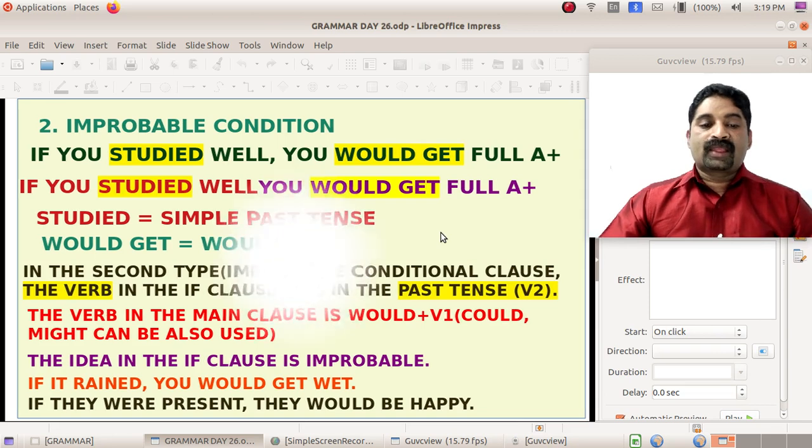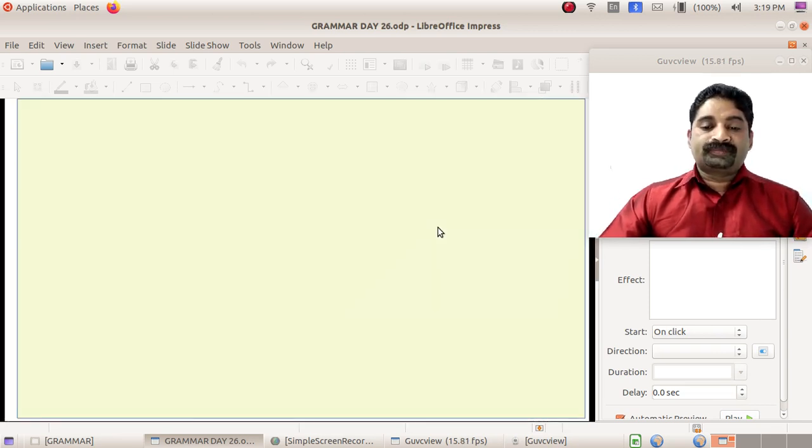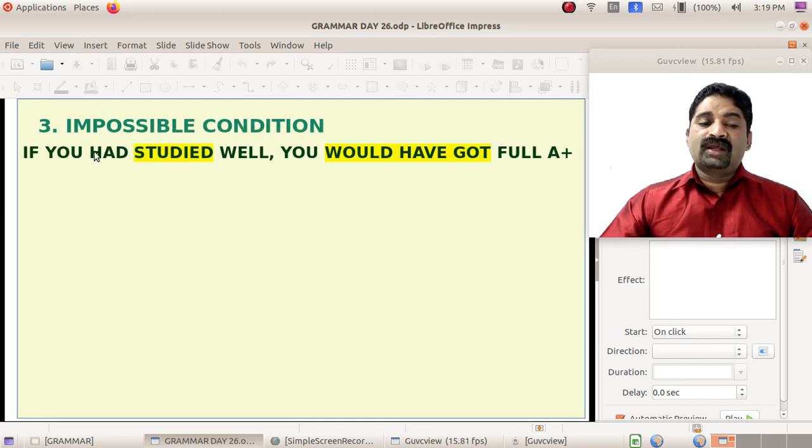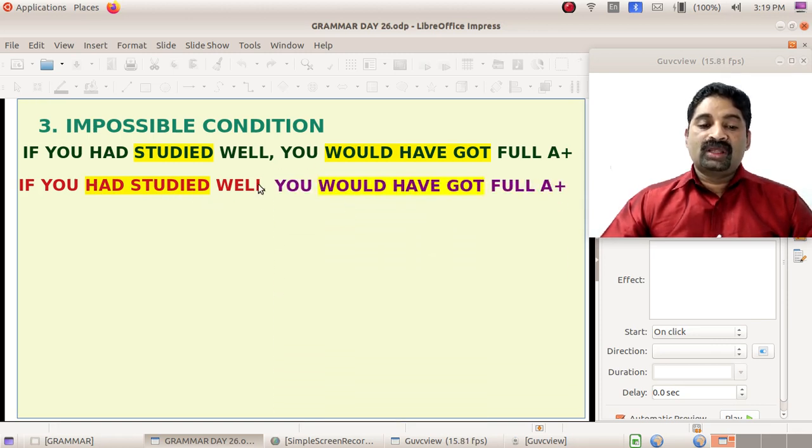Okay. Now let us move to the third one. What is the third sentence? It is called the impossible condition. If you had studied well, you would have got full A plus. There are two parts. If you had studied well, you would have got. In the if clause, which tense is had studied, and which is would have got?